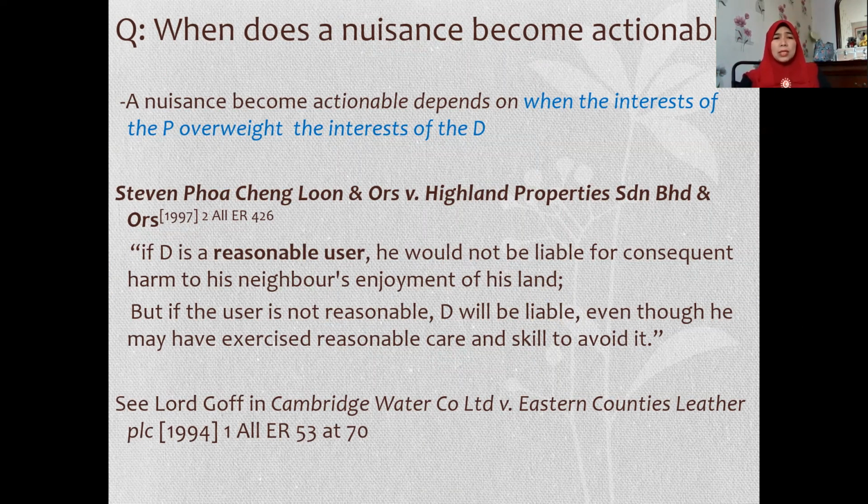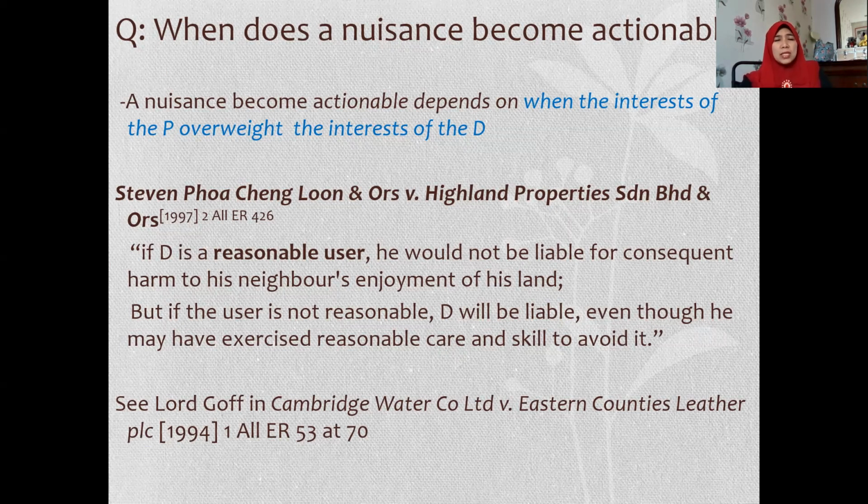Let's have a look at the local case. We discussed the case thoroughly when you had the lecture for your torts one, which is on negligence. Stephen Hua Cheng Lun and others v Highland Properties Berhad is about the fallout of the Highland Towers tragedy. And this is part of the judgment, the quotation which is relevant for the topic nuisance. It is stated here: if the defendant is a reasonable user, emphasis is added, I put it in a bold font, he will not be liable for consequent harm to his neighbor's enjoyment of his land.